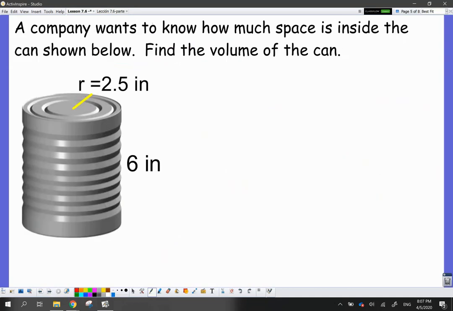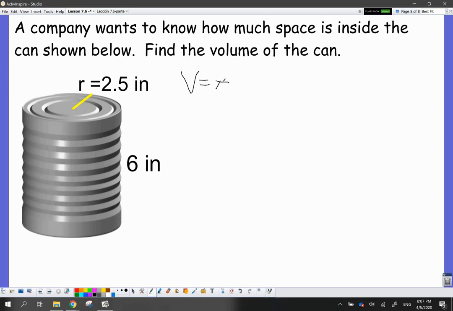A company wants to know how much space is inside the can shown below. Find the volume of the can. Since we're looking at a can, we know that this can is a cylindrical shape. So we're going to be using the volume of a cylinder here. Let's write out our formula for volume of a cylinder.